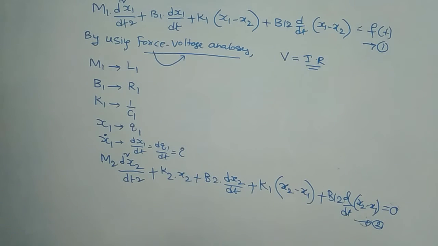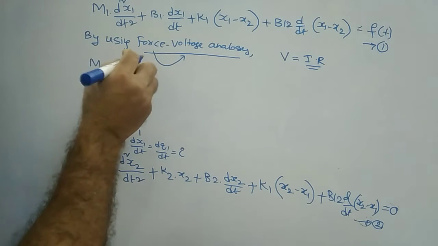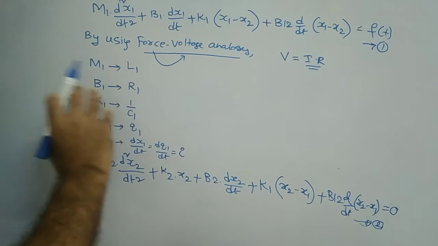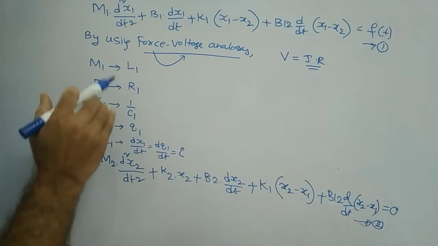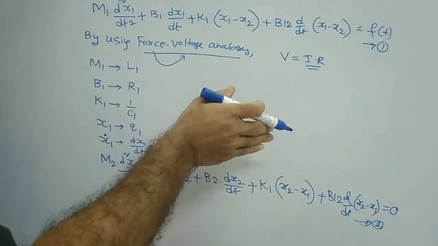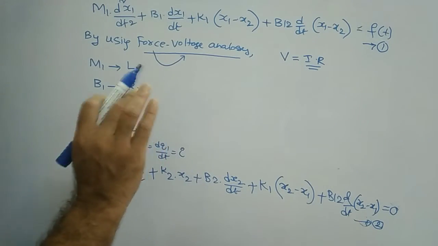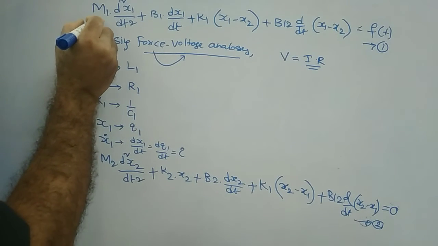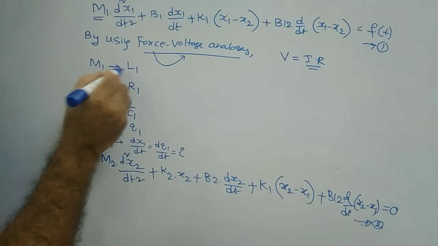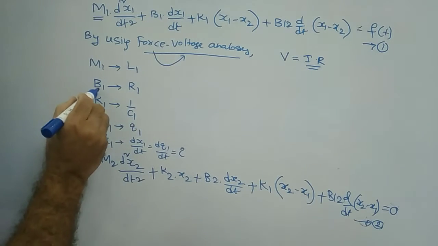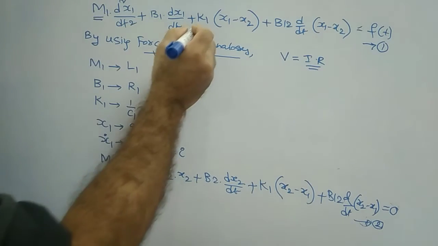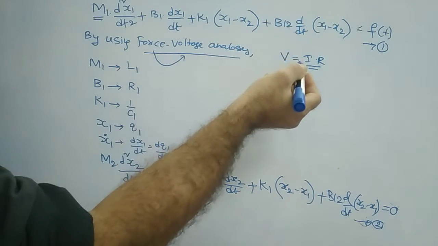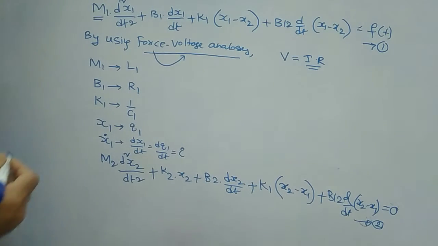We are converting each mechanical element to the corresponding electrical one. So M1 is converted to L1, B1 is converted to R1, K1 is C1 capacitance, and B12 is anyhow a resistance.